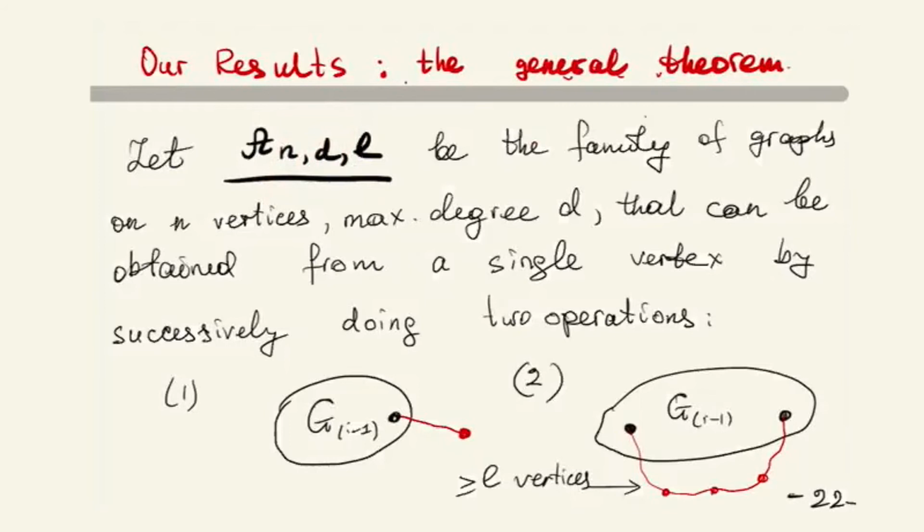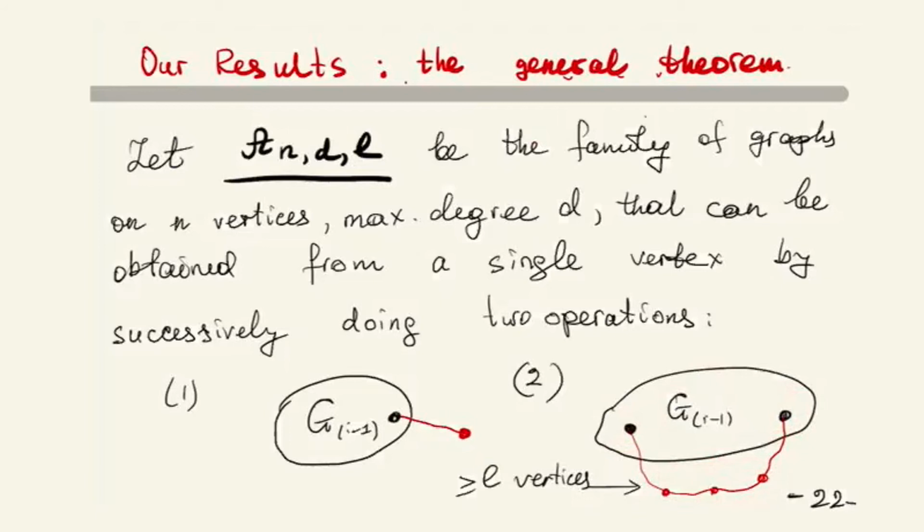Either I add a new vertex and join it by an edge to one vertex of whatever I obtained at the (i-1)th iteration. Or I take the graph obtained at the (i-1)th step and join two vertices which are already in my graph by a path where the number of new vertices I add is at least L.